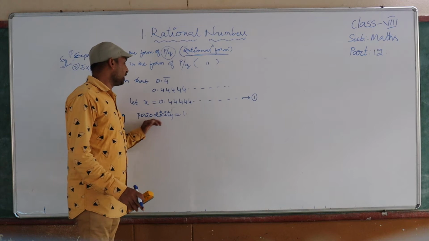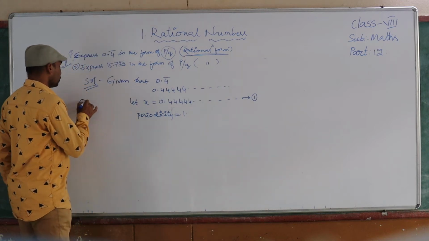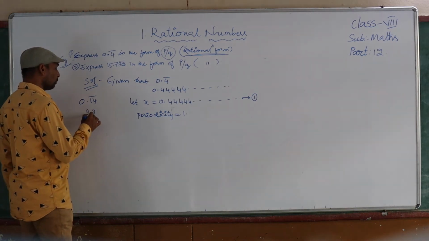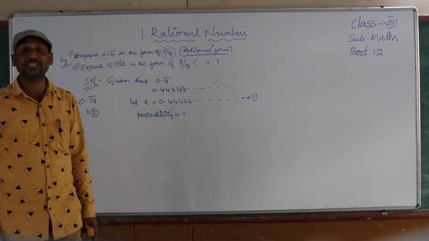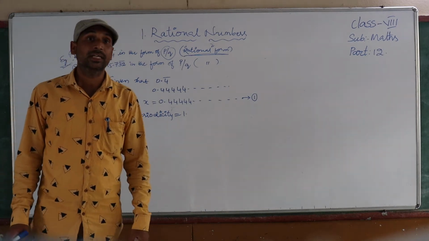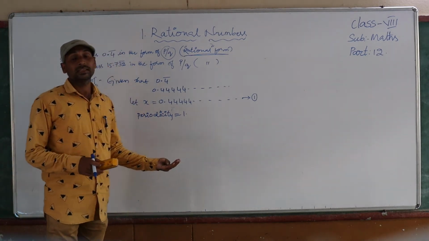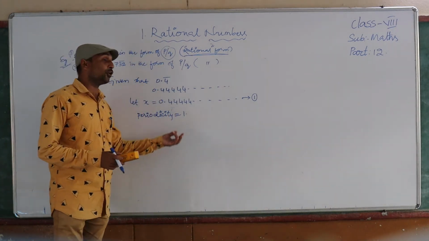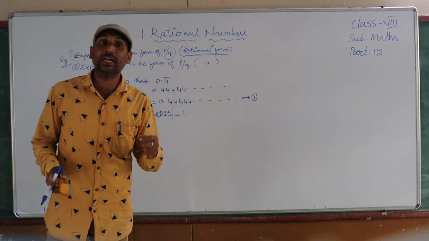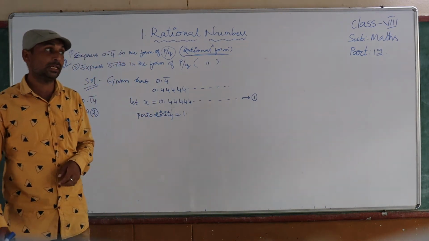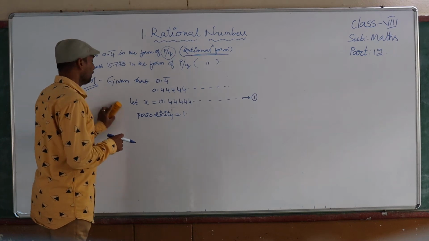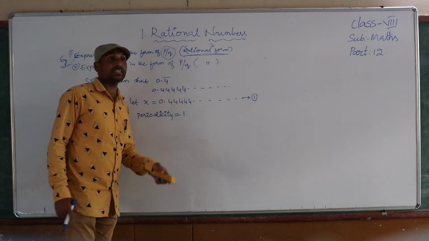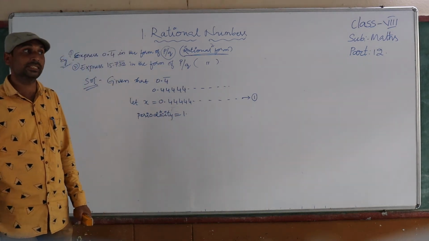If the periodicity is 2, we multiply the first equation with 100. If the periodicity is 3, we multiply with 1000. If the periodicity is 4, we multiply with 10,000.